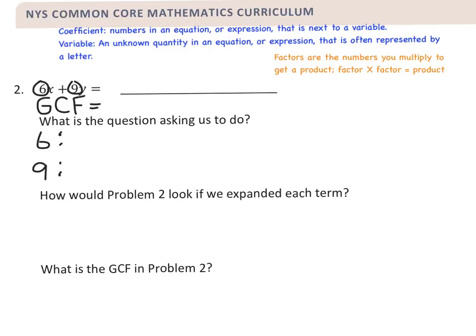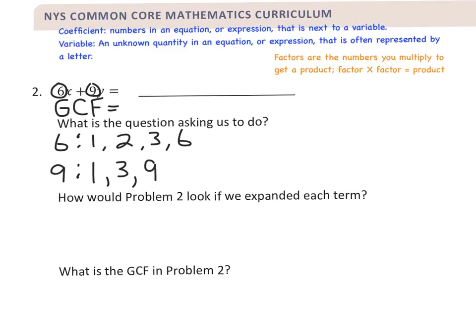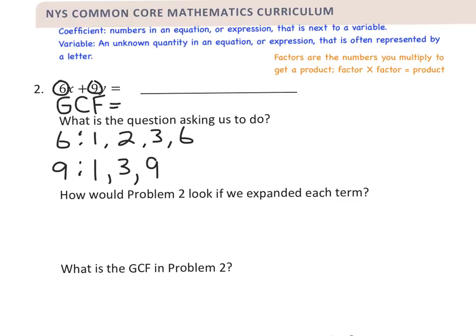All right, so the factors of 6 include 1, 6, 2, and 3. Because 1 times 6 is 6, and 2 times 3 is 6. The factors of 9 are 1, 9, and 3. Because 1 times 9 is 9, and 3 times 3 is 9. So what is the greatest common factor? The one they both have in common that's the greatest, and that's a 3.